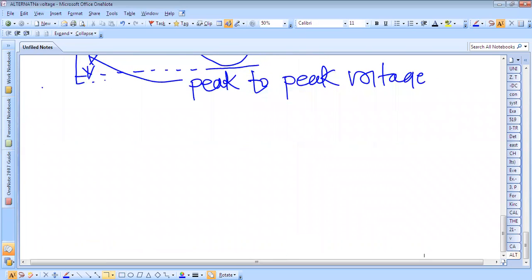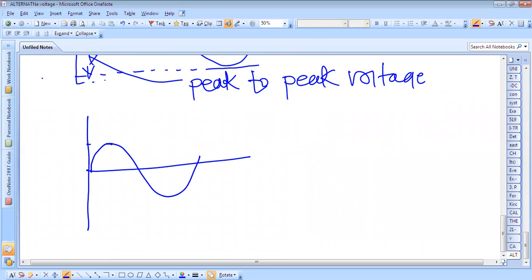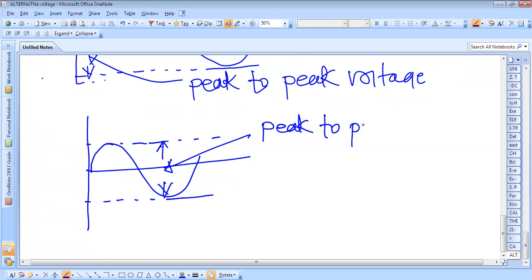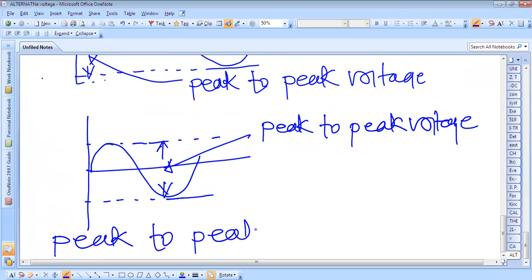We can show this in another figure like this. This is one peak, this is another peak. So this is the peak to peak value.